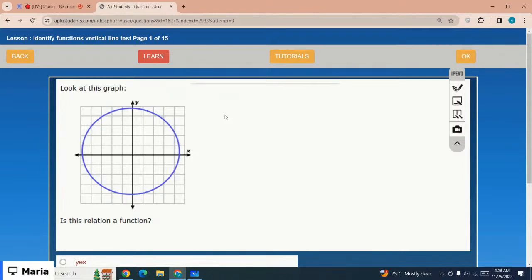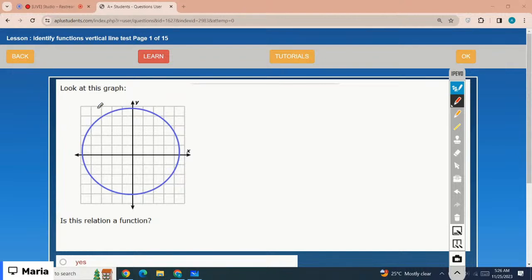Okay, look at this graph. Is this relation a function? Let's draw the vertical lines. You can see each line intersects the graph at 2 points, right? So the vertical line intersects the graph at more than one point.